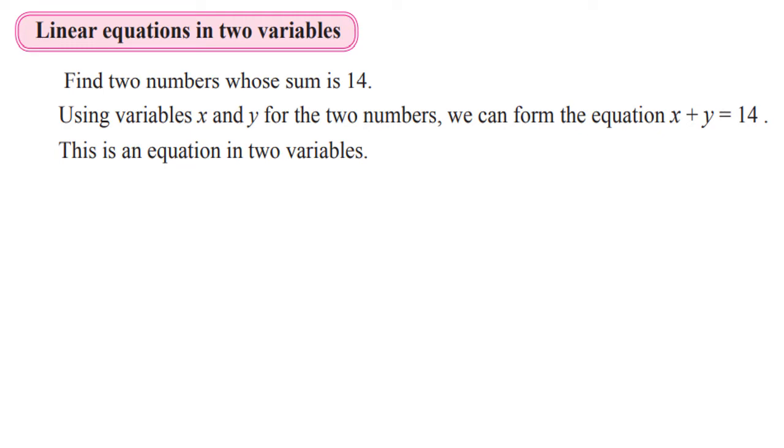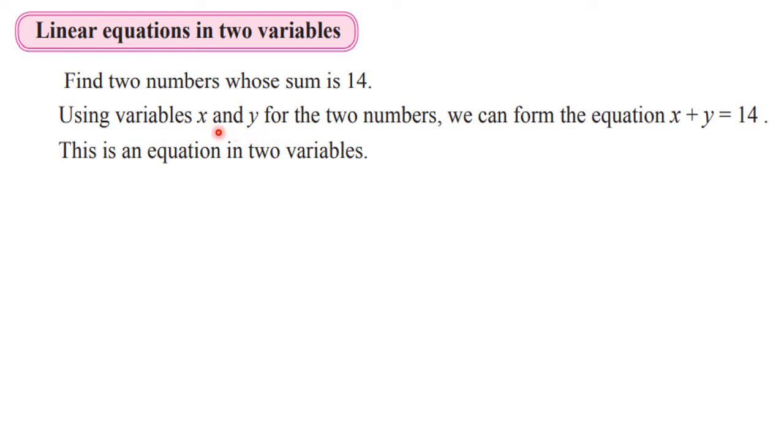Now let us try to understand the meaning of linear equations in two variables by taking one example. Find two numbers whose sum is 14. Here we have to find two numbers, meaning both numbers are unknown to us, but the condition is given that their sum is 14. For these two numbers, we will use variables x and y.